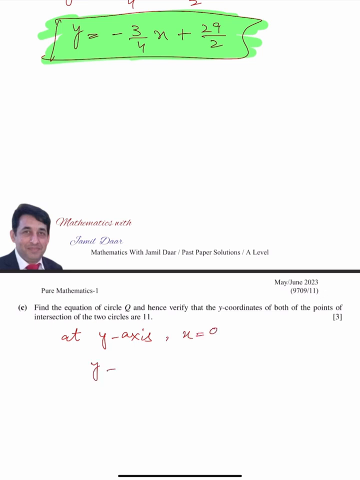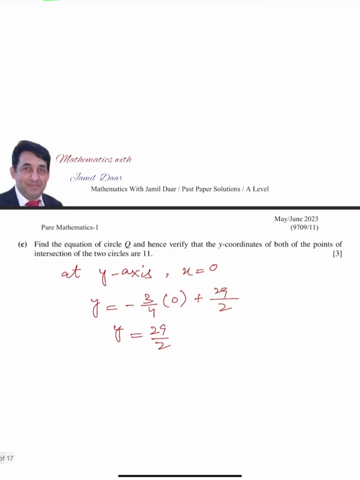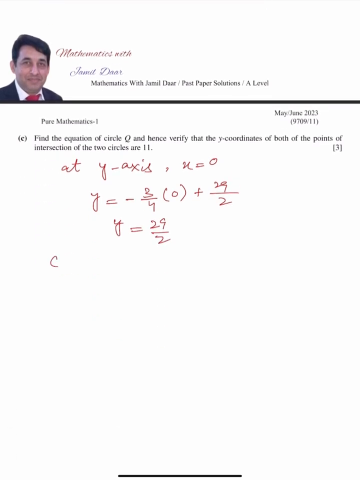So y is equal to minus 3 by 4 into 0 plus 29 over 2, or you can directly say that this is the y-intercept. So y is equal to 29 over 2. So the center of circle Q is 0, 29 over 2.